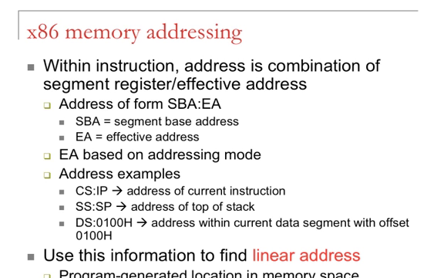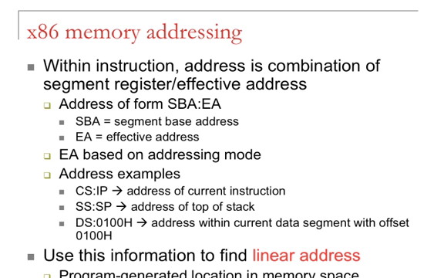So we're still going to keep that question unanswered: how do you go from two 16-bit values to a 20-bit value? We'll eventually get to that. Within the instruction, the address is a combination of a segment register and an effective address.